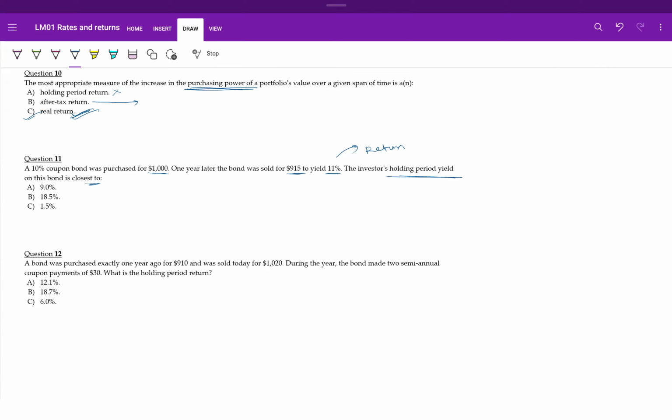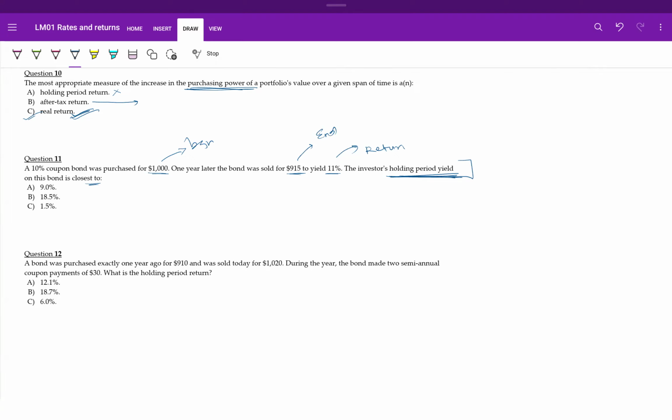So here, the opening balance, the closing balance. Now understand this thing. They are talking about the holding period yield of the bond, not the holding period return. So the beginning value is 1,000, the sold value is the ending value.